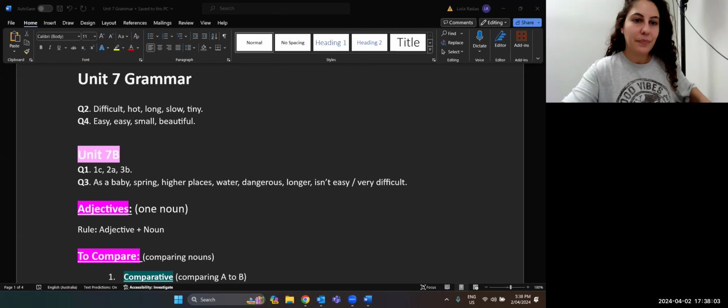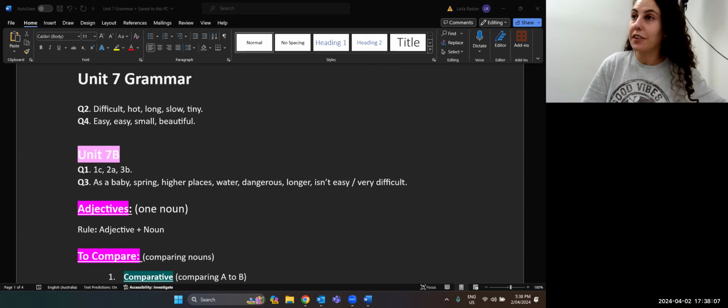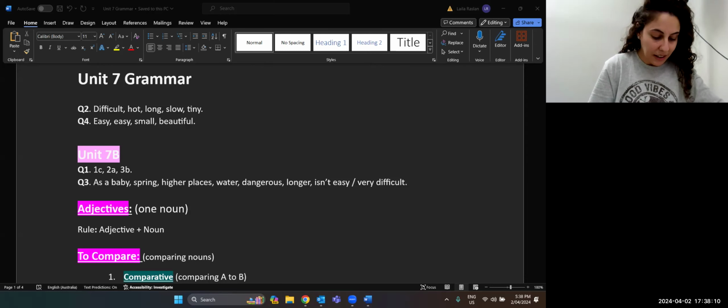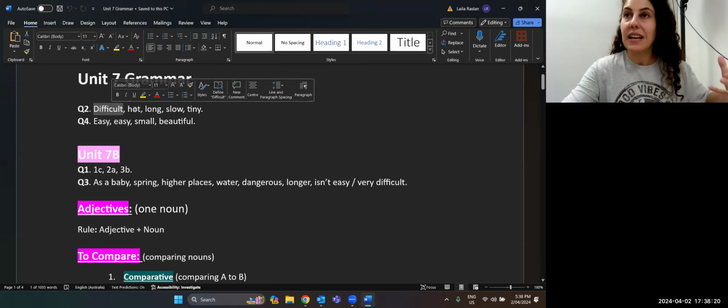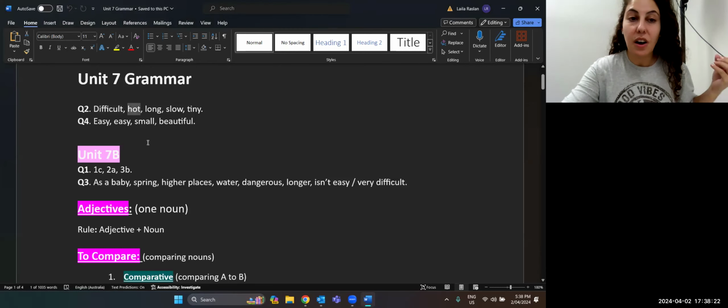Remember, we are going to a place. So firstly, if we have a look at some adjectives from our first page in our textbook, you can see that we can say adjectives like difficult. That means it was a hard journey. It was hot, if the place was really hot.